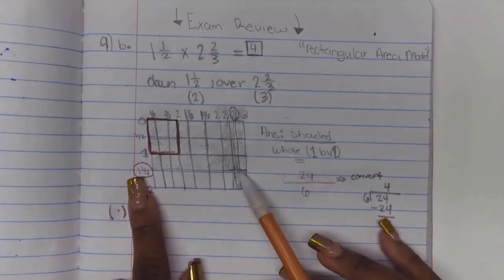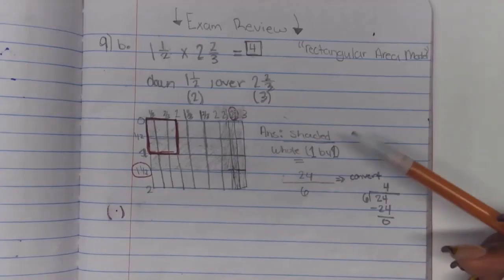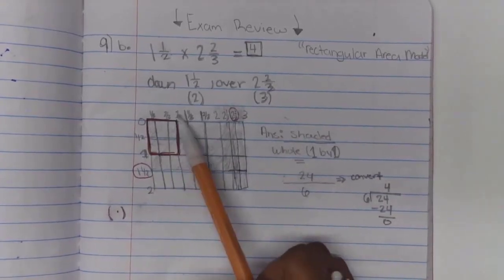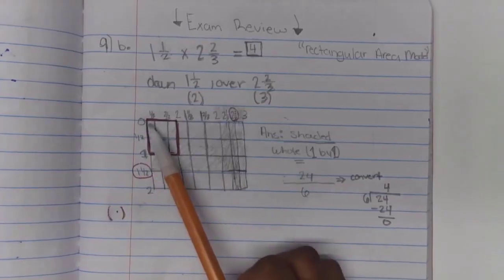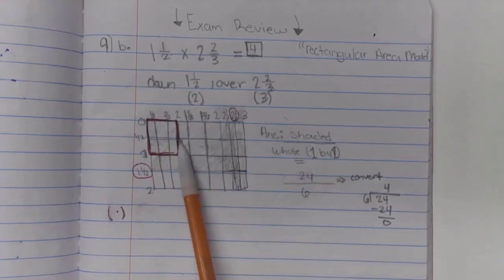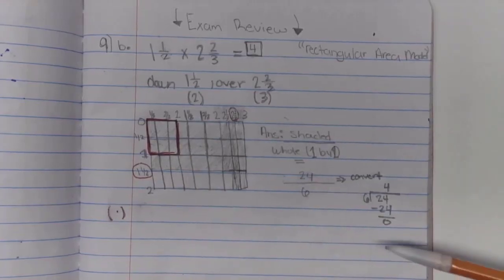So from here to here, and shade all of that in. And your answer is going to be the shaded area over the whole, which is 1 by 1. So 1 by 1 would be right here, and you just highlight it, I guess. So the shaded part is 24, and then the 1 by 1 is 6. So you have to convert that, and 6 divided by 24 is 4. So that's the answer.